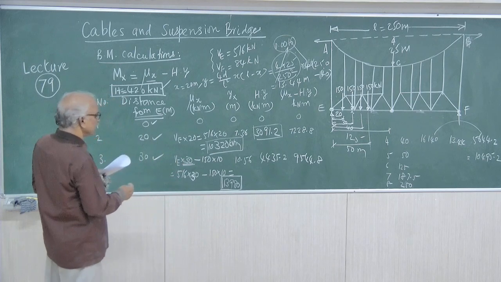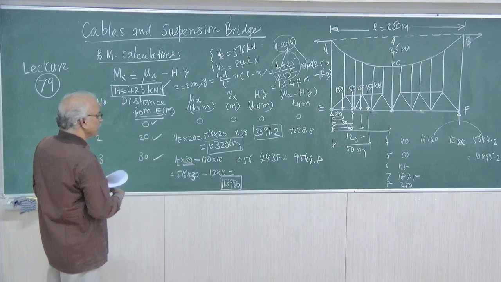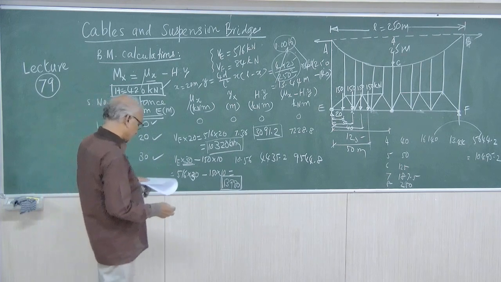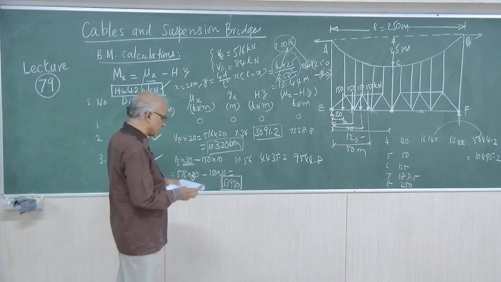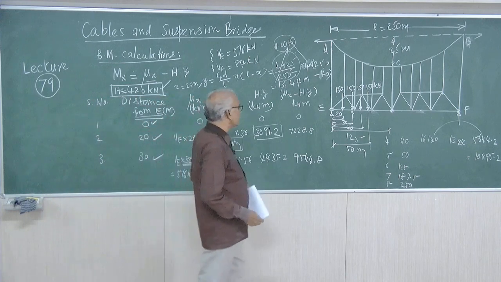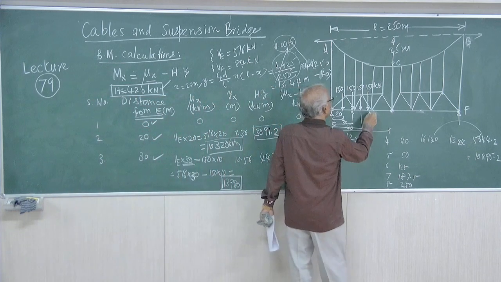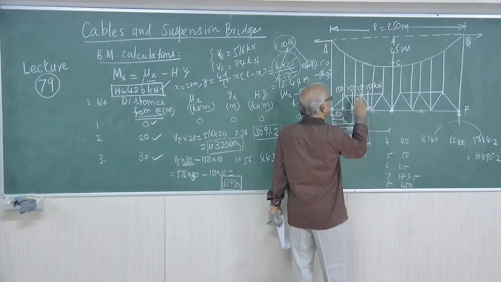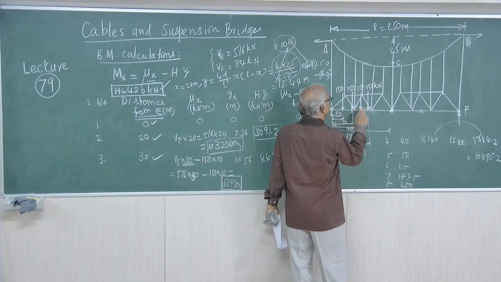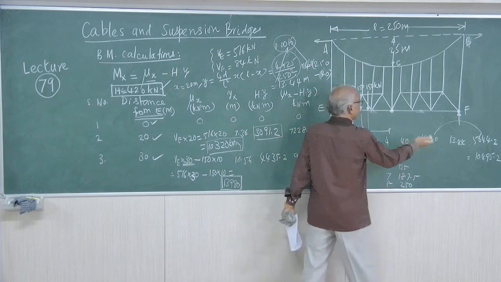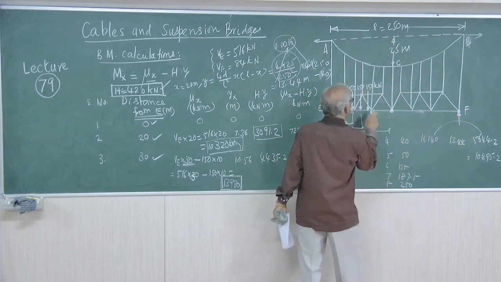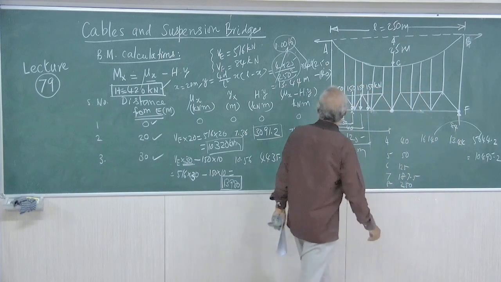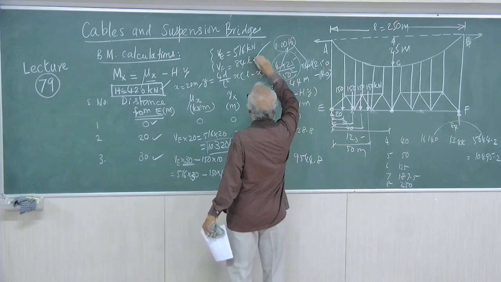Similarly, I will just give only the final values because you know the calculations. So for 50 meters, either you can say VE into 50 minus 150 into 10 minus 150 into 20, or you can say VF into 200. VF is 84 kilonewton.